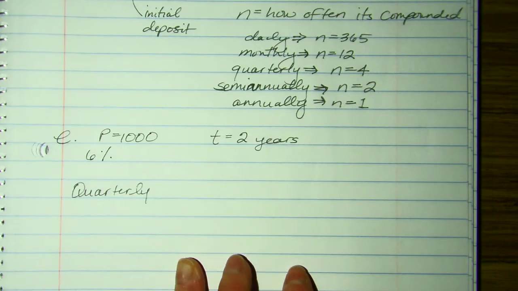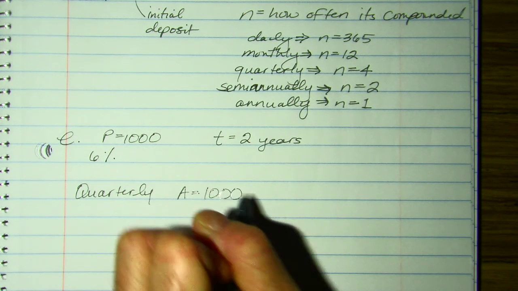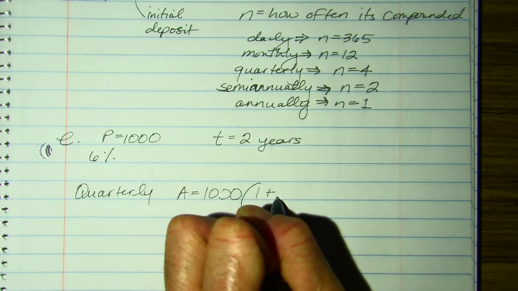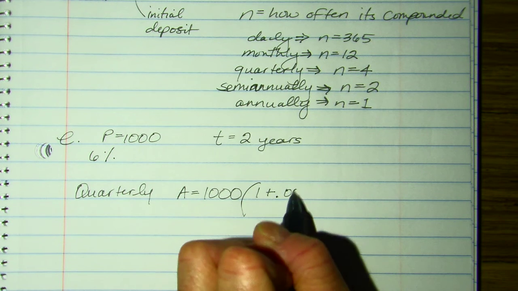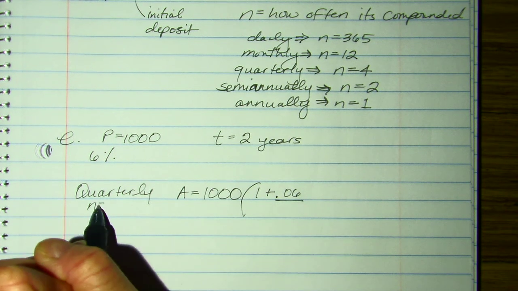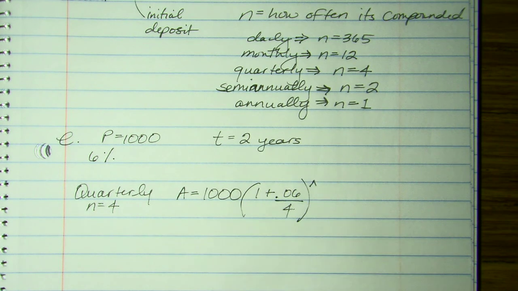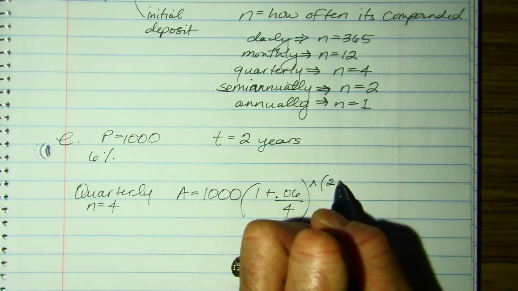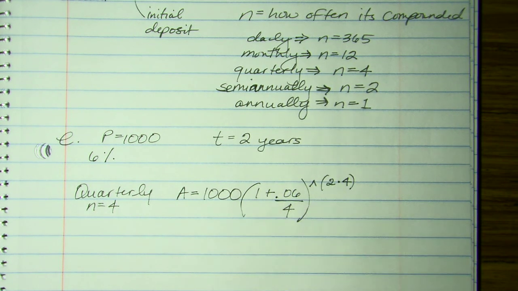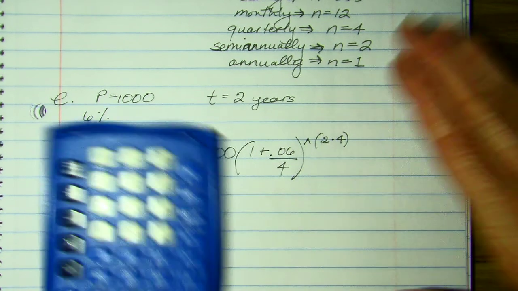So here's what I'm going to write down. The amount in my account equals my deposit times 1 plus my rate, so 6% would be 0.06, divided by N. Quarterly means that N equals 4. To that, I should have a little exponent button. Number of years times how often I compound it, so 2 times 4. So I'm going to enter this in my calculator that exact way.